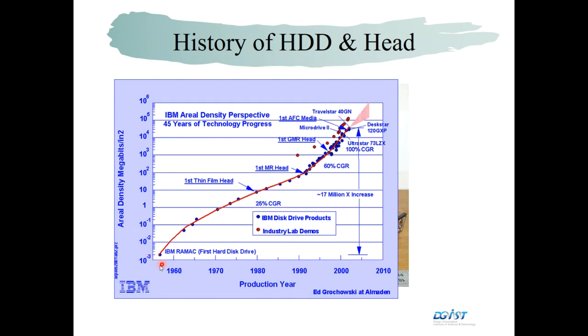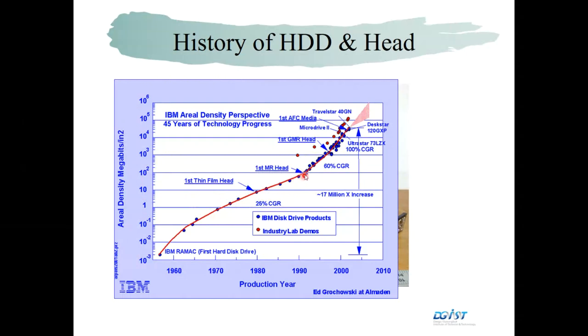As you see here, they started in 1950-something with actually 5 megabytes, and they increased the capacity very rapidly. This is a log scale, so this linear trend actually means exponential growth.